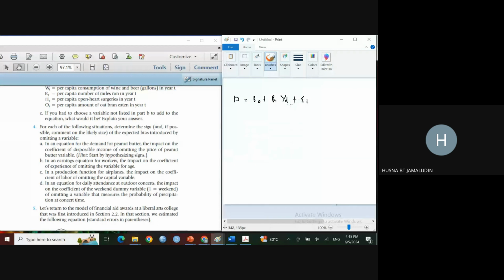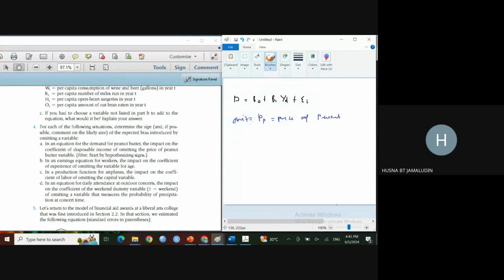Basically, you have to include the price of the peanut butter, but you didn't include it in the demand for peanuts. Of course, the price will have an impact on the demand, right? The higher the price, maybe the lower your demand for peanuts because it's expensive. But you omit this.